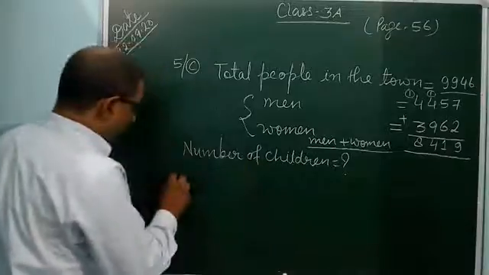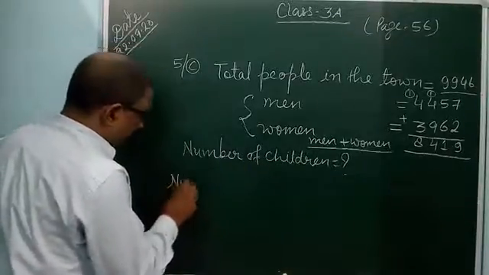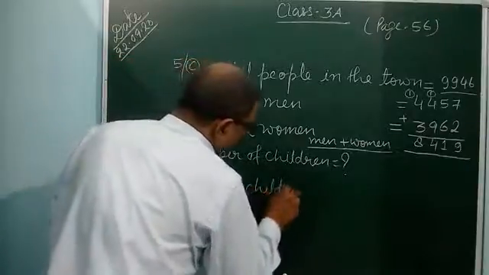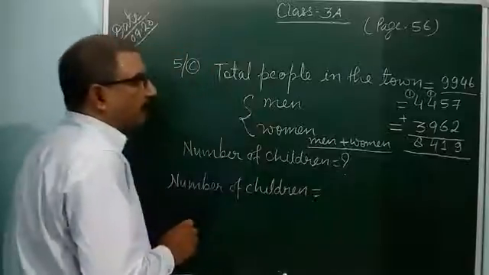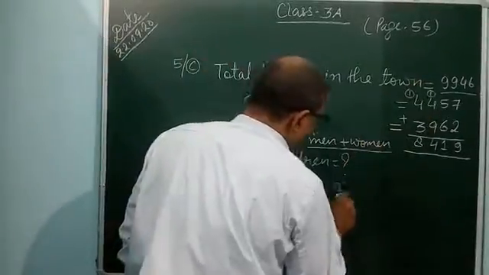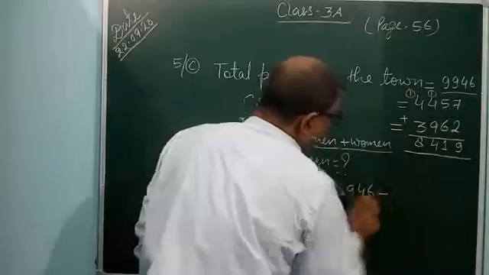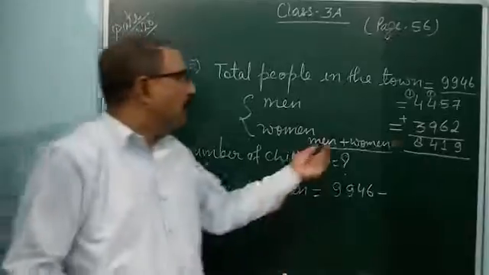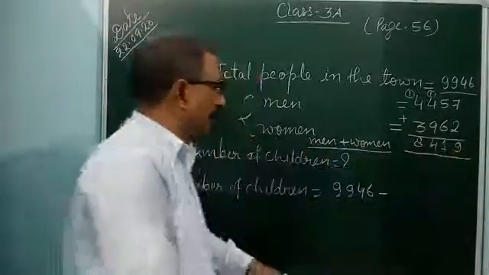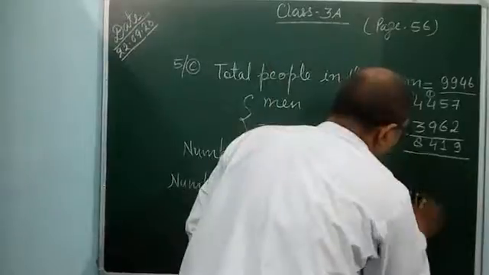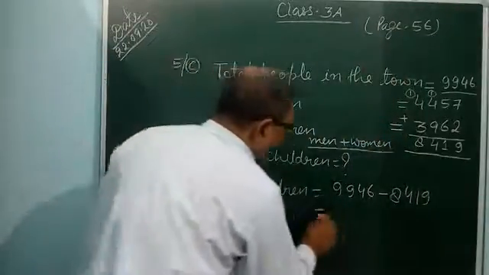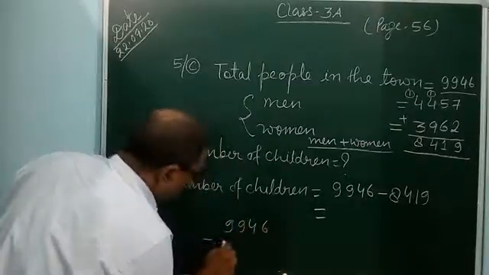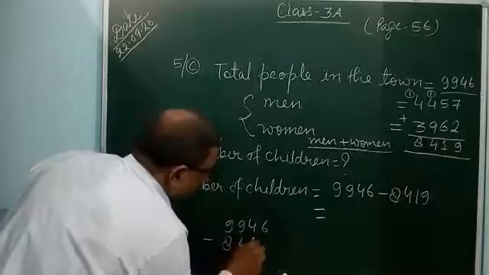So number of children is equal to total population 9,946 minus total number of men and women, 8,490.